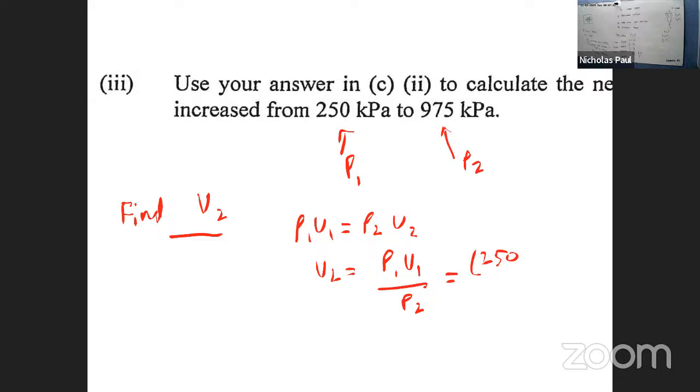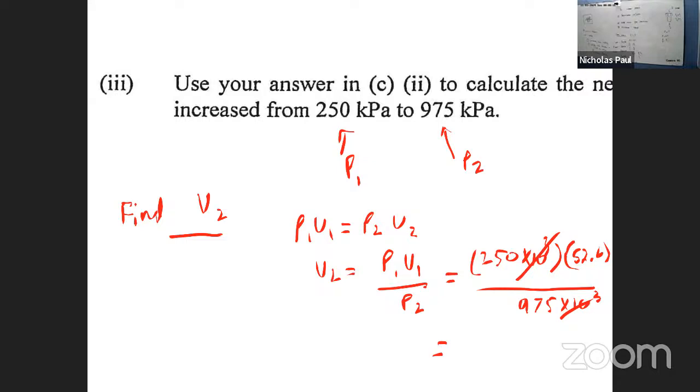V1 was how much again? 52.6. And P2 was 975 times 10 to the 3. They will cancel off, but it's a good habit to write it in case they have different units.